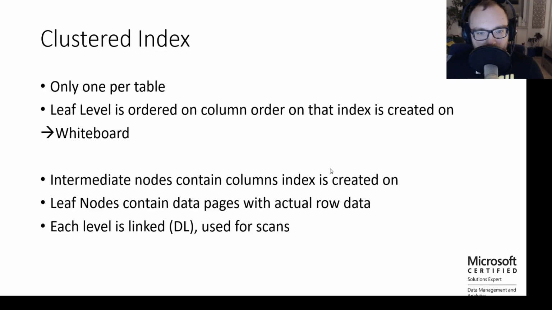So the intermediate nodes are not very special. We have an example of a B-tree in a minute, where we can actually see intermediate nodes, and the leaf nodes contain all the data in a clustered index.